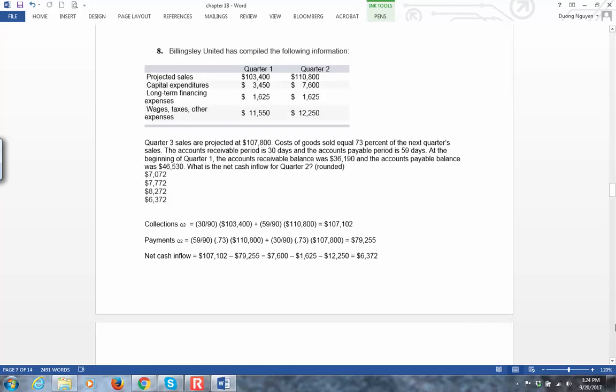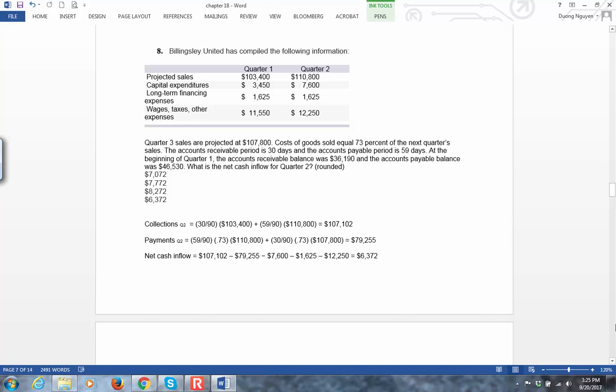Okay. Question number 8. You have the sales for quarter 1, quarter 2, capital expenditures for quarter 1 and 2, long-term financing expenses, wages, taxes, and other expenses.